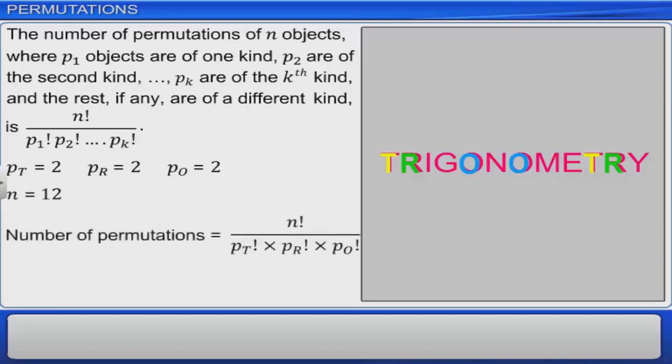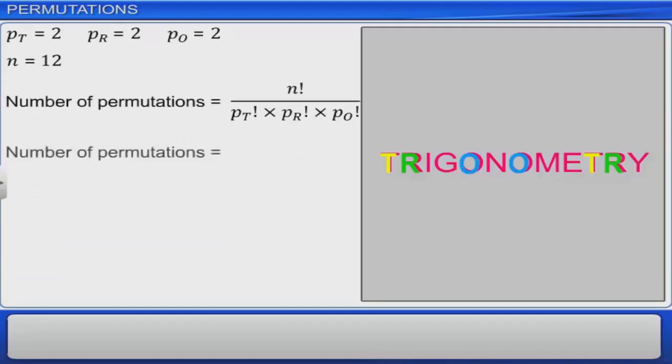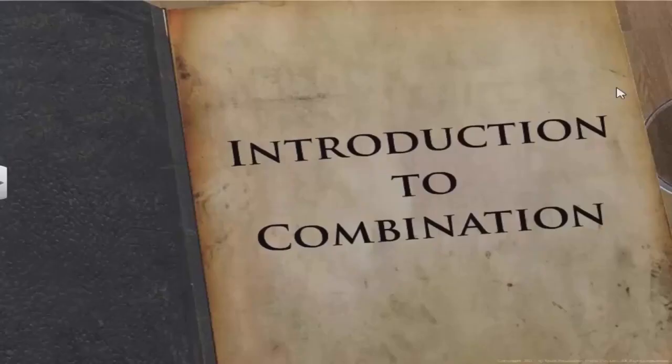Therefore, the number of permutations of the letters of the word trigonometry is as shown. Substituting the values, we get the number of permutations as 5 crore 98 lakh 75,200. The specific case of the theorem is when some objects in a given set of objects are of the same kind. In this module, you will learn to select objects from a given set of objects.